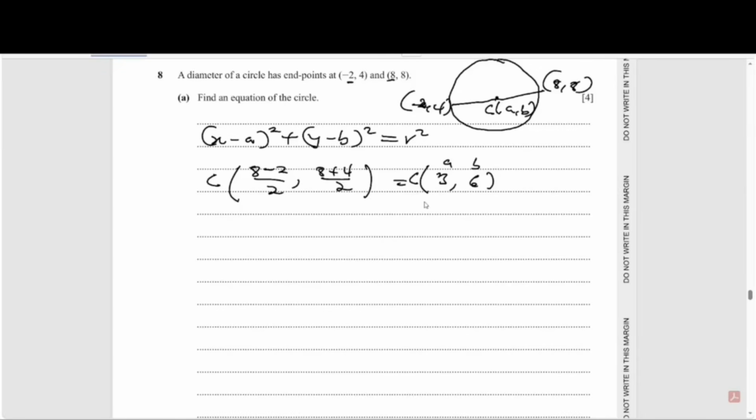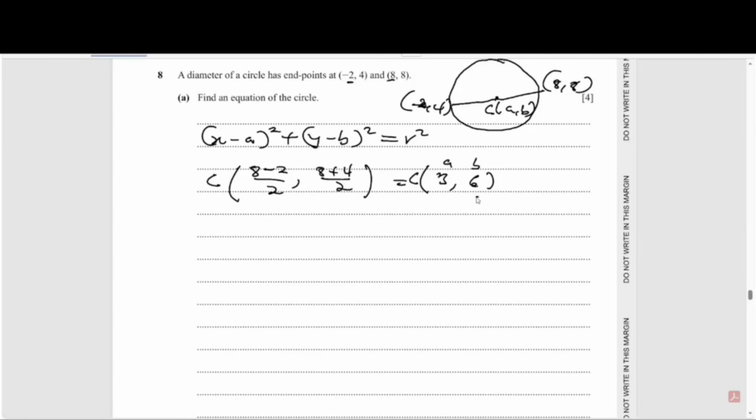Now that we have the center, we can find the radius by finding the distance between the center and any of the two endpoints of the diameter, or better still, we can also find the distance between the 2 points given over here.